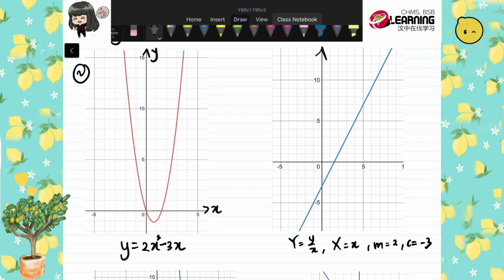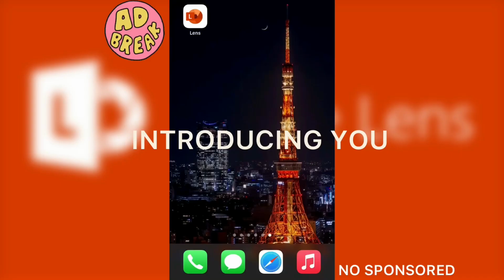Meaning to say that your big Y will convert or reduce to Y over X. Your X will still be your X. See, this Y become Y over X, this X still X. So the gradient is going up. It's positive 2 gradient, and your C is negative 3. Correct?